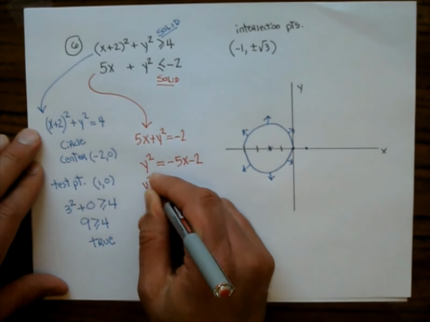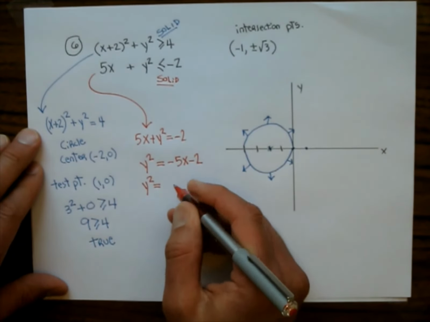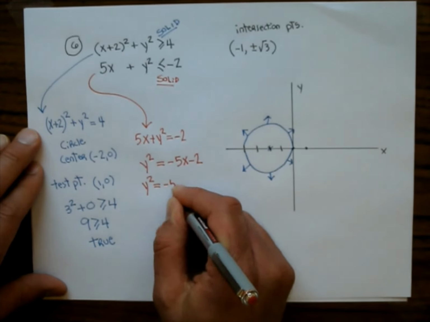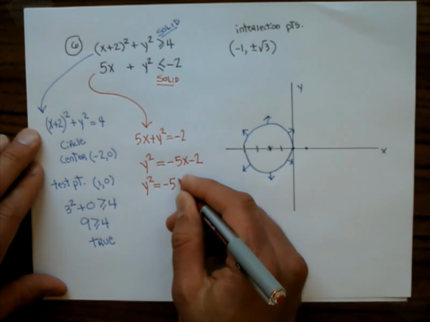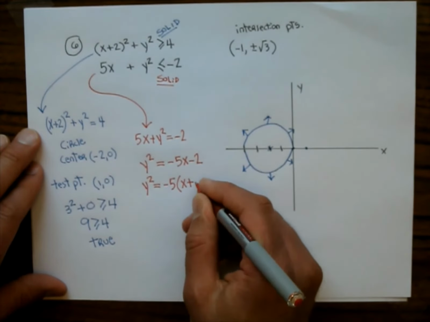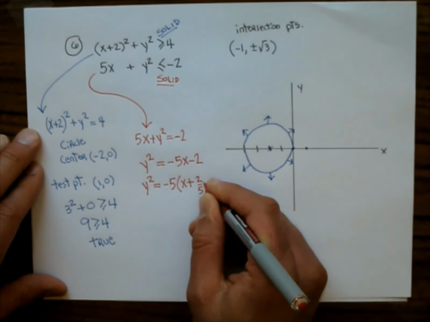I'm going to try to put it in the standard form by factoring out a negative 5. Factor out a negative 5. I end up getting x plus 2/5.